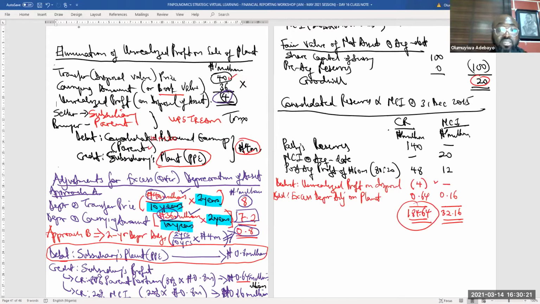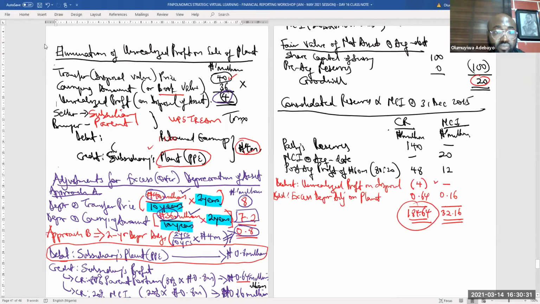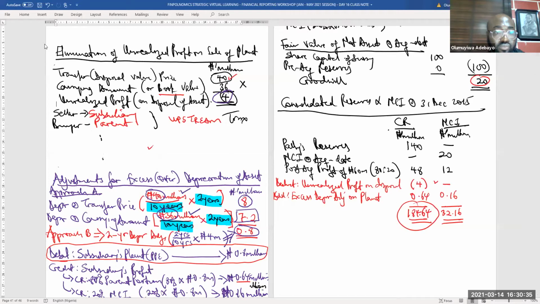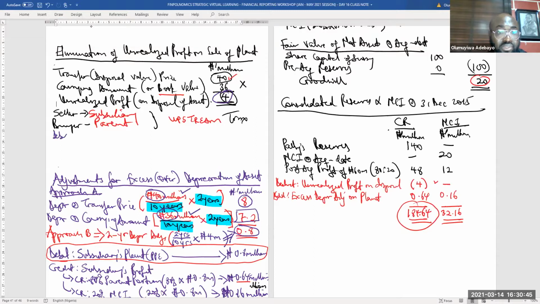Which means the profit of the subsidiary has been overstated, and therefore we need to reduce that profit by way of debits. The subsidiary with the seller's profit.